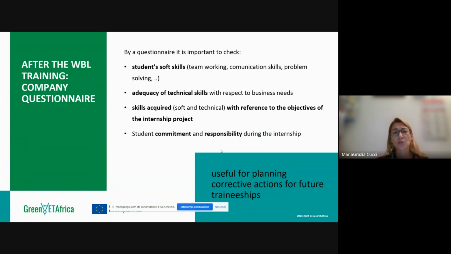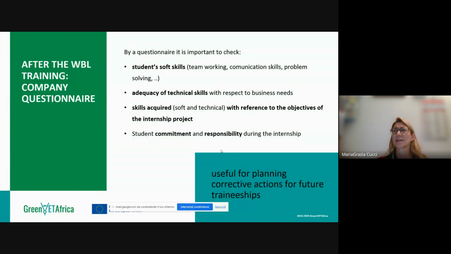And then we have to check whether the student was committed and responsible during the internship, whether he started to understand what professional behavior is, what the difference is between being a student and being a worker.